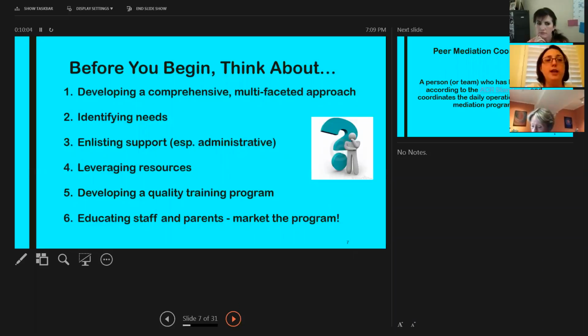The third one, again, depends on if you're in the school community or outside, quote unquote, is enlisting support. Your administration is your number one. If you don't get buy-in from your admin and your principal, it's going to be very difficult the entire time. On the other hand, if you have buy-in from your principal and your admin and you don't have buy-in from your staff, that's another problem.